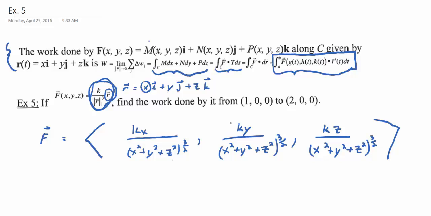Remember, this chapter puts together everything you've learned so far in Calc 3. This goes back to the very first chapter. We need to parameterize this straight line from 1, 0, 0 to 2, 0, 0. What two things do we need to find the parametric equations of a line? As opposed to a slope, we need a direction vector.